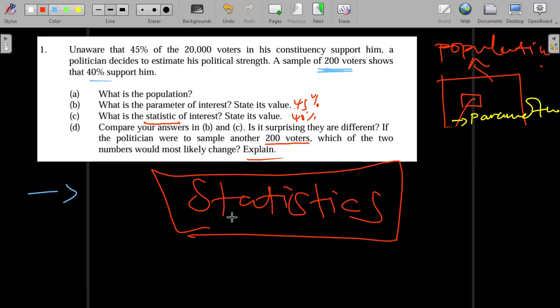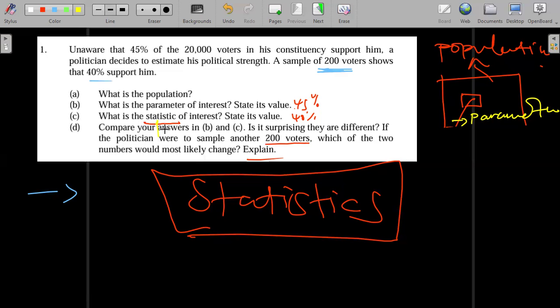That's statistics, like a field. And then this statistic here is just a numerical value or a numerical summary that will tell you something about the sample. Like how many people are in the sample, we can call that a statistic. But statistics with an S at the end is a field of study, or we can say the science. So that's the difference there.